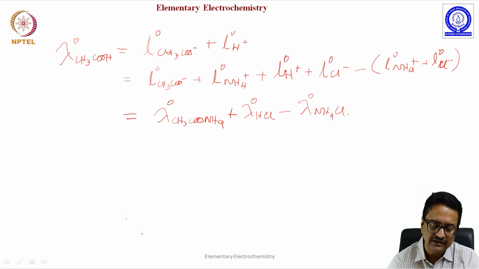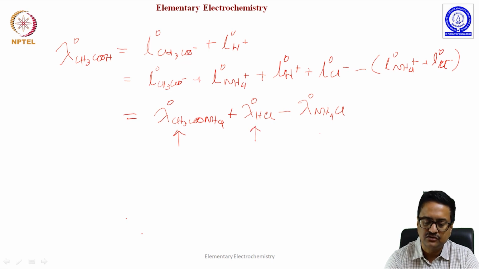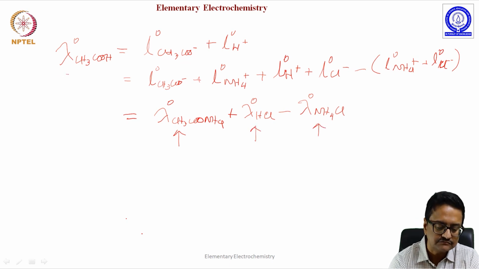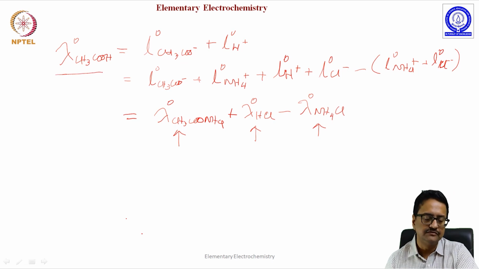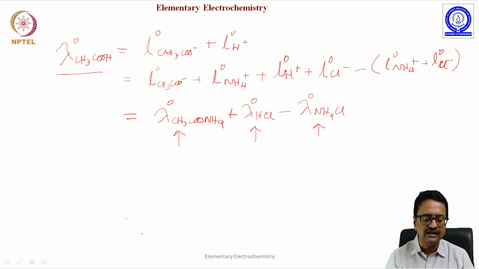So if one can determine the equivalent conductance at infinite dilution for these three strong electrolytes, then one can determine the lambda 0 for this weak electrolyte. So for any weak electrolyte, one has to determine its lambda 0 value in this way, correct?